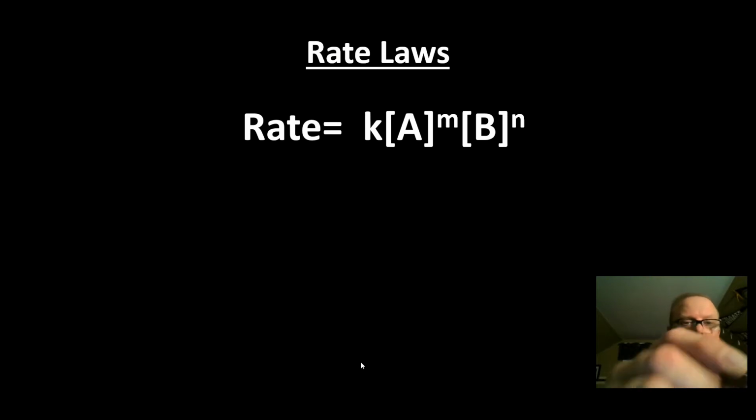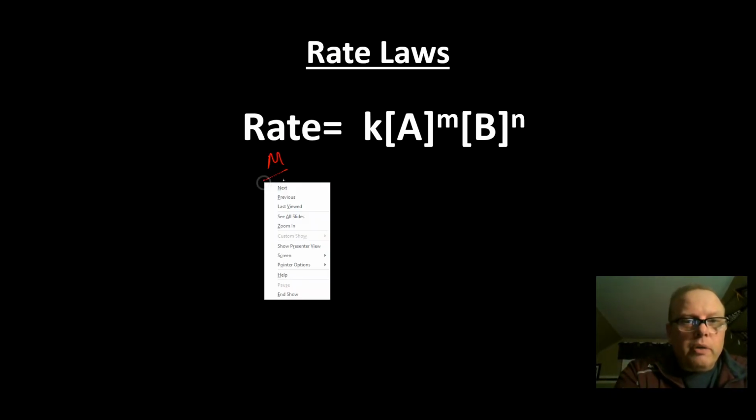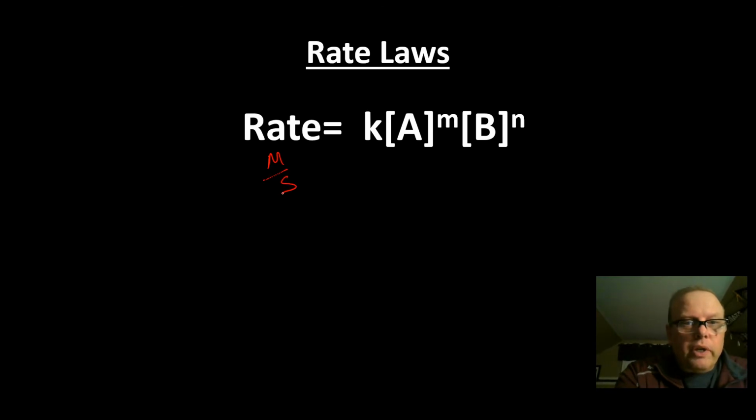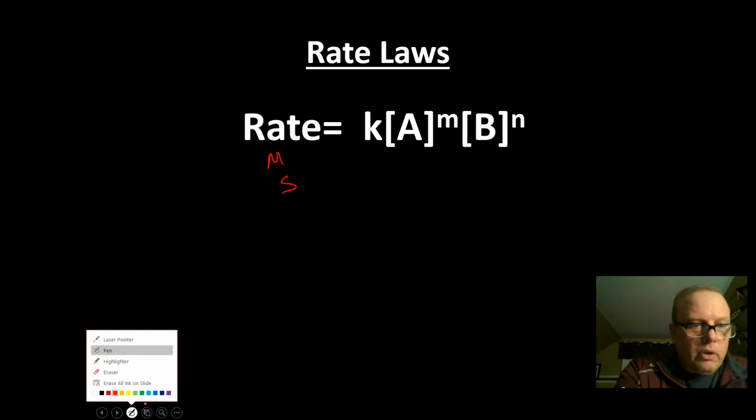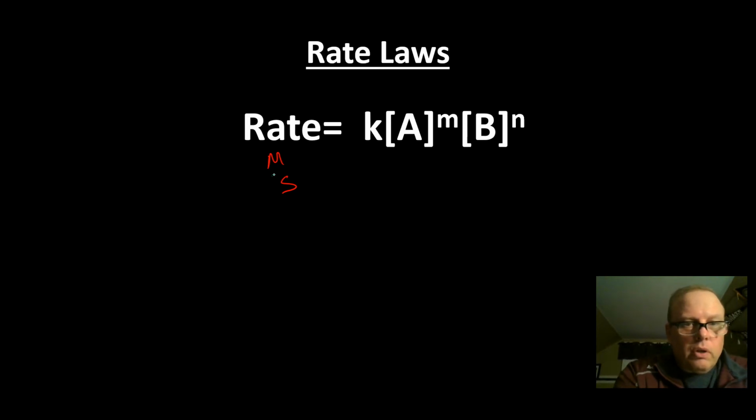Rate law. The rate, which is going to be usually in molarity per second, equals K times the concentration of A to the M times the concentration of B to the N. K is the reaction constant. The units on this is a whole separate lesson.